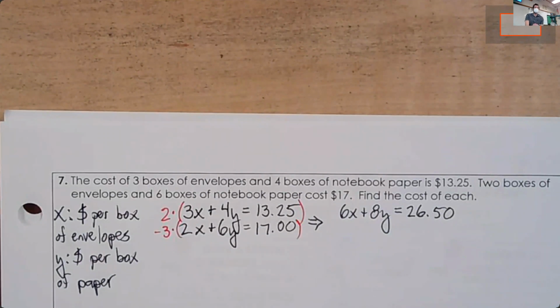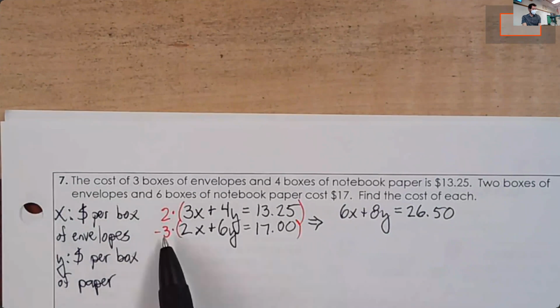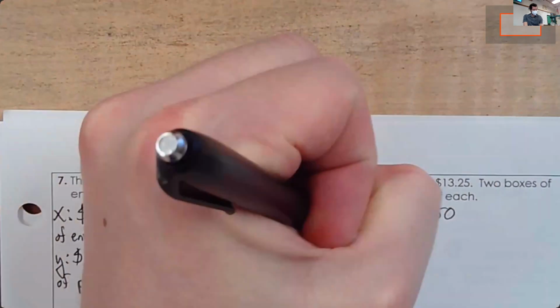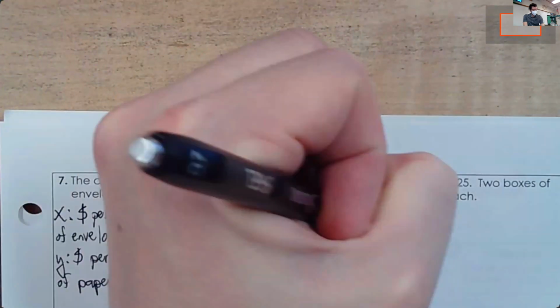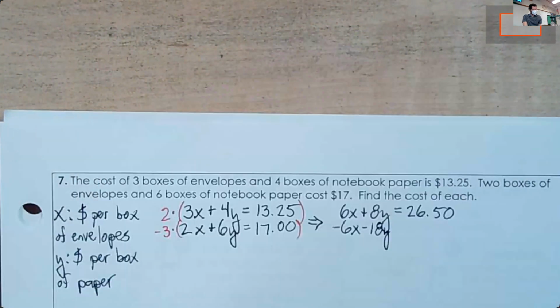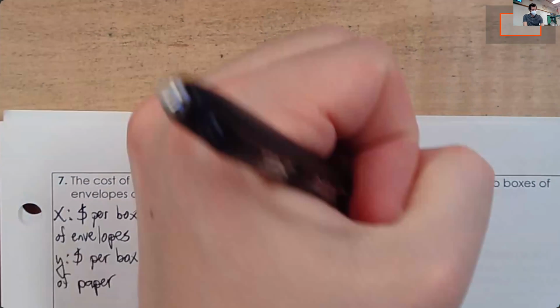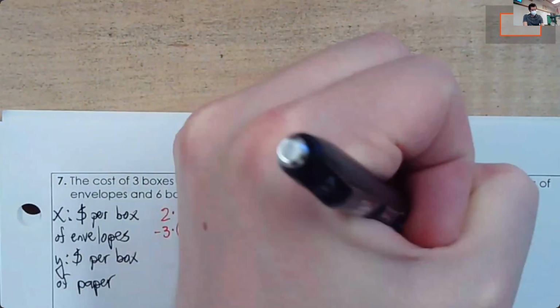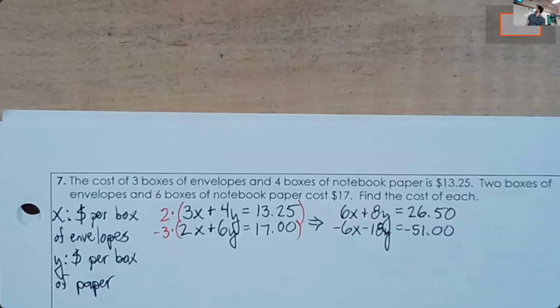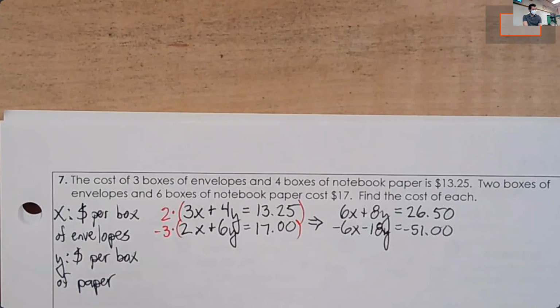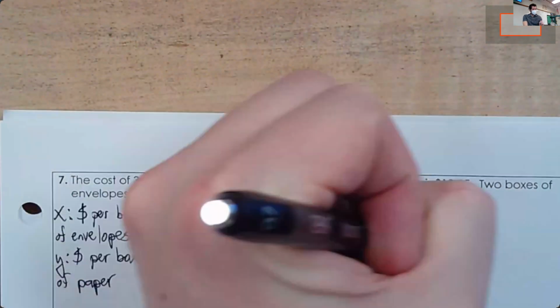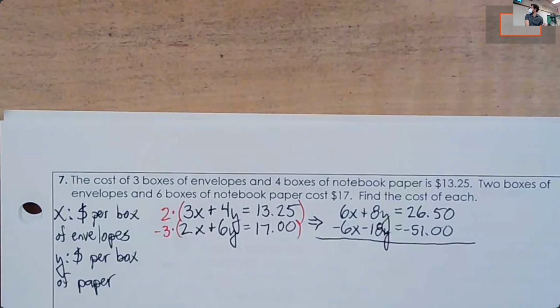And then across the bottom, we're multiplying by -3. -3 times 2x is -6x. -3 times 6y would be -18y. And then -3 times 17 would be -51. All right, now we are in a position to eliminate. We have opposite values with our x variables, so we're going to be able to add these two equations together.